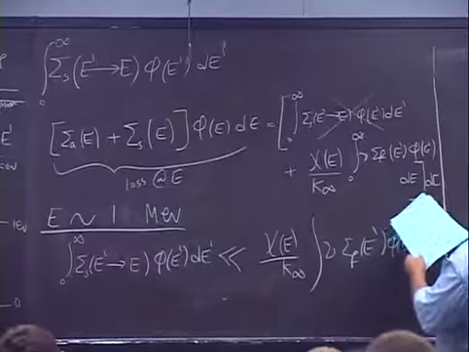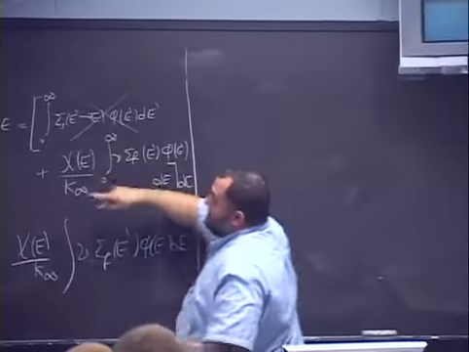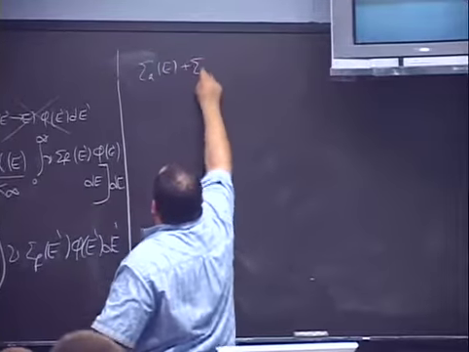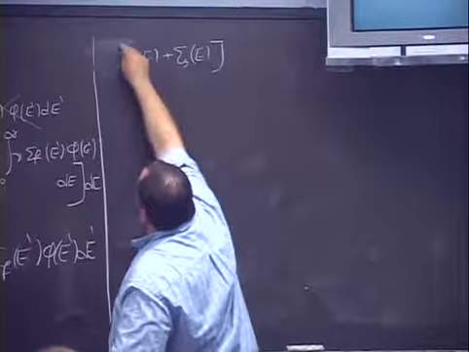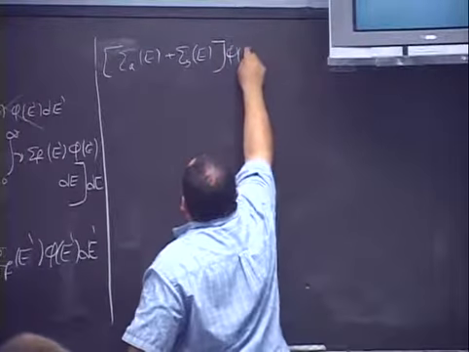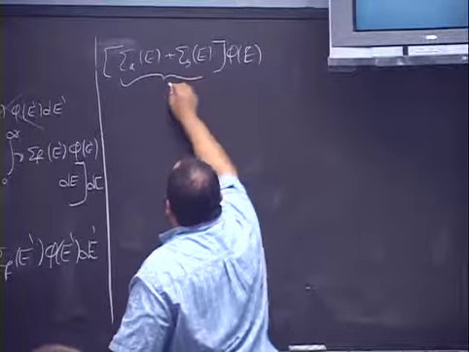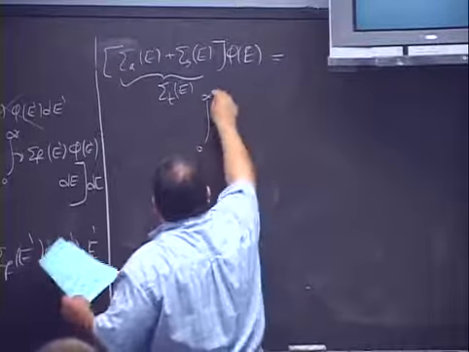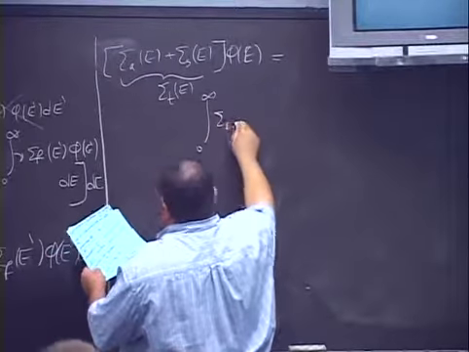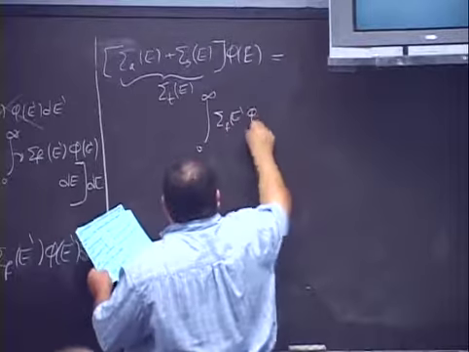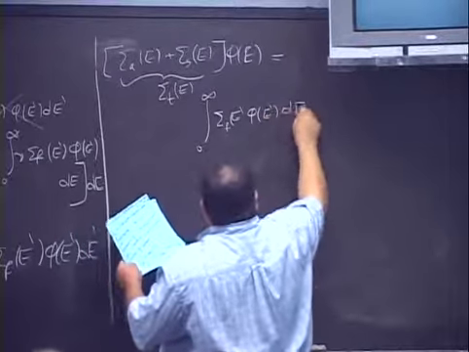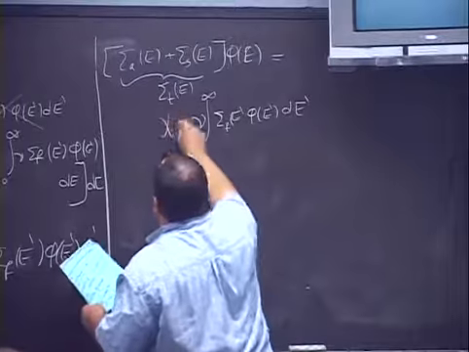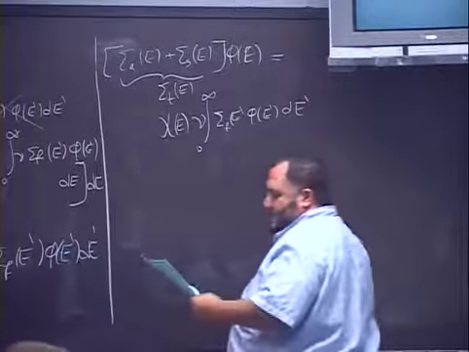So the losses, which are sigma absorption plus sigma scattering, is sigma total of energy E. And this is equal to 0 to infinity nu sigma fission of E prime phi of E prime dE prime, multiplied by chi of E. Okay, guys?